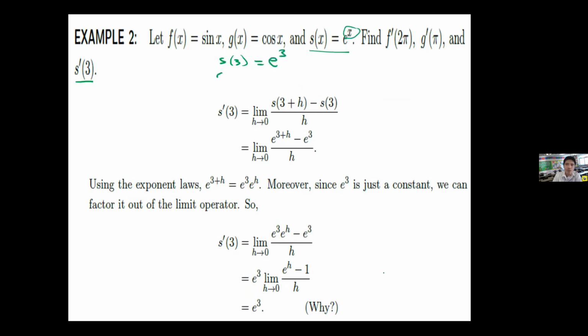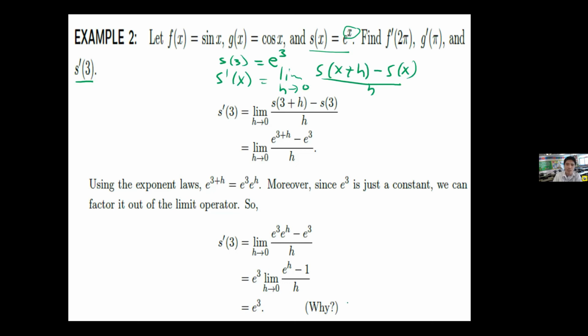Tapos, for your s prime of x, ang formula nato is limit of s of x plus h minus s of x over h as your h approaches to 0.